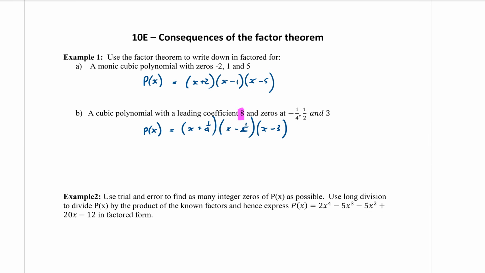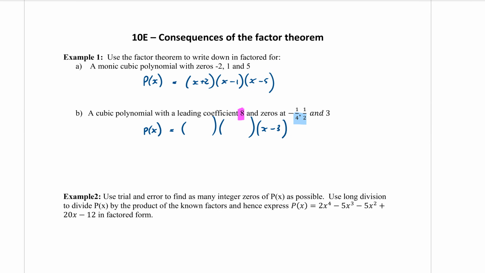Now, fortunately, see how I have a 4 and a 2 on the bottom of those two fractions there? 4 times 2 does make 8. So if I could find a way to rewrite these first two brackets so that they are at the front of my x's.